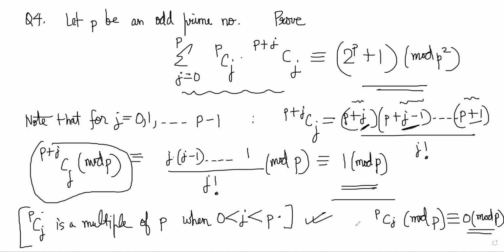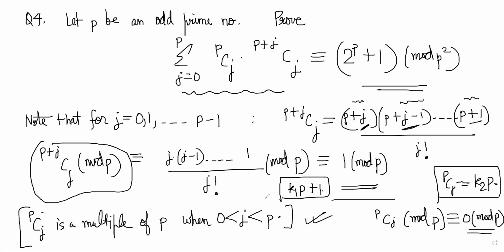pCj is congruent to 0 mod p, and you can write pCj as some K2 times p, where K2 is an integer. And we already know that (p+j)Cj is K1 p plus 1, right? Why am I saying it is K1 p plus 1? Because it was 1 mod p.